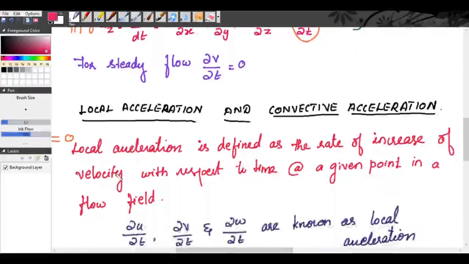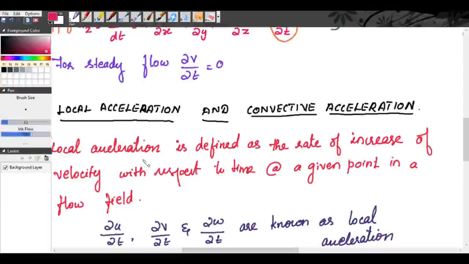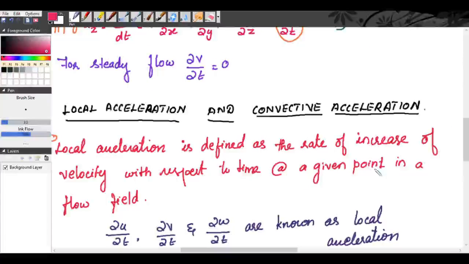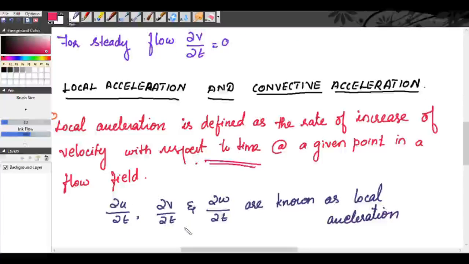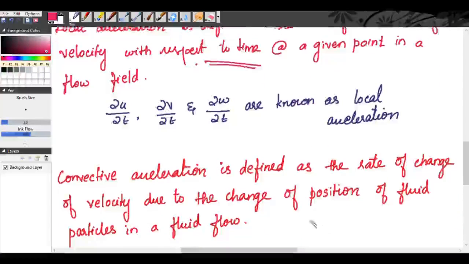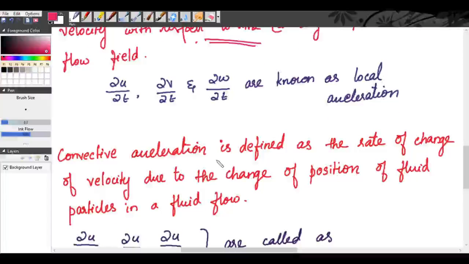So see, local acceleration is defined as the rate of increase of velocity with respect to time at a given point in a flow fluid. That is ∂u/∂t, ∂v/∂t and ∂w/∂t are known as local acceleration. Whereas convective acceleration is defined as the rate of change of velocity due to the change of position, that is change in space of fluid particles in a fluid flow.